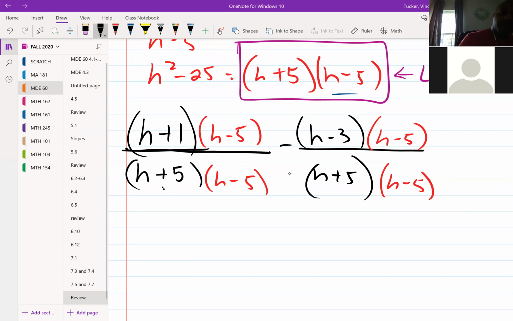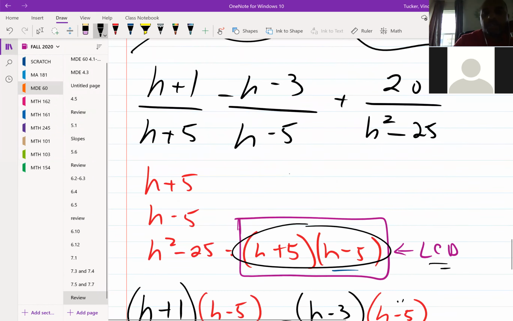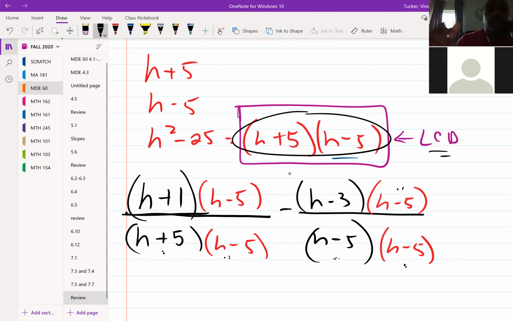So when I look at this denominator, I said my LCD is going to be this. So what's missing? It was the h minus 5. Remember, whatever you say your LCD is, that means you want to turn each one of your denominators into that LCD. Hold on, did I mess up? Oh, that should have been h minus 5.